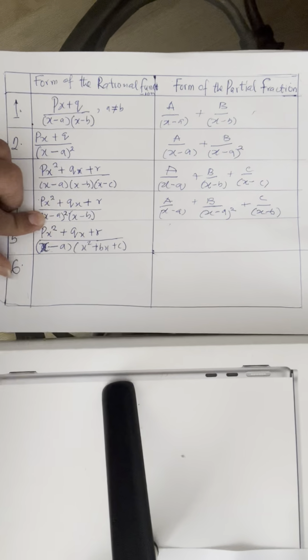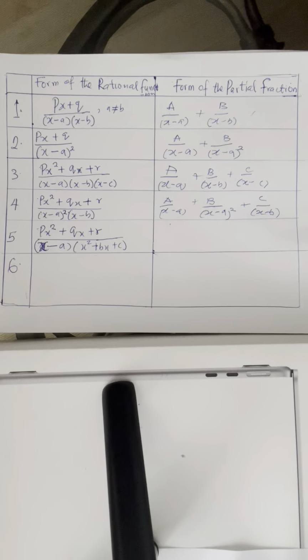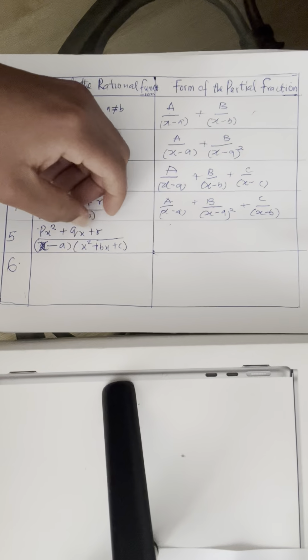Here the quadratic ax squared plus bx plus c is such that you cannot factorize, in the sense that you can't find an x whose value is real for this quadratic function.